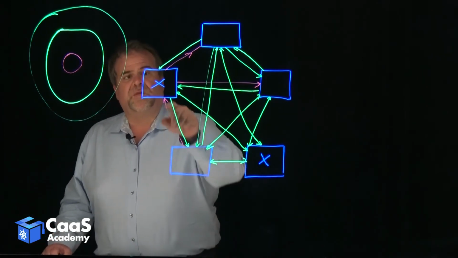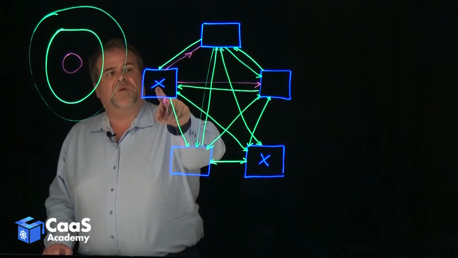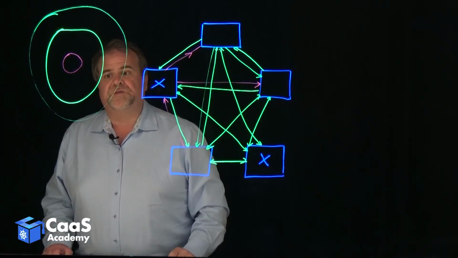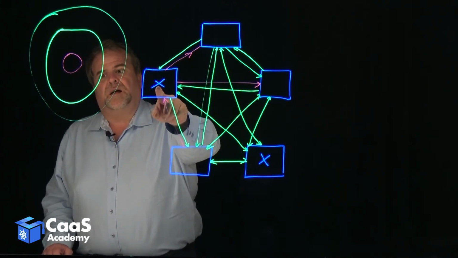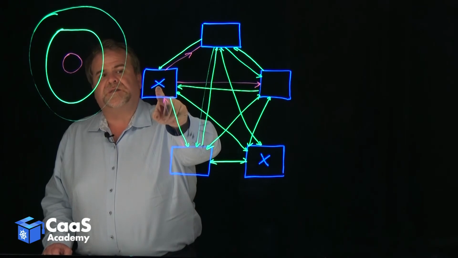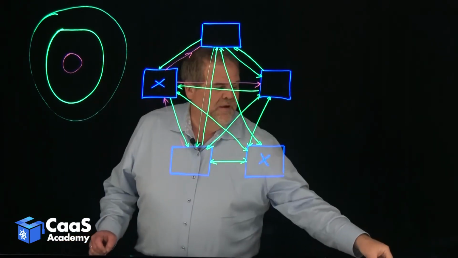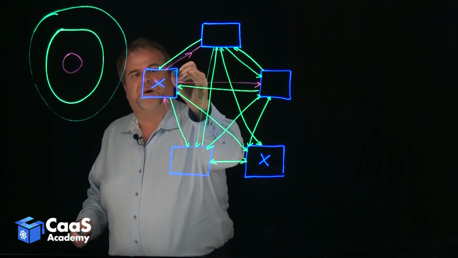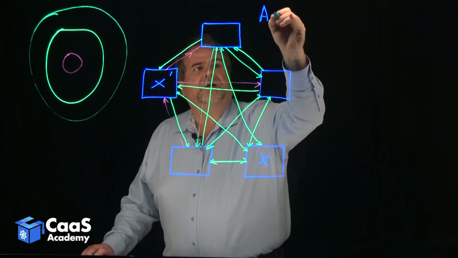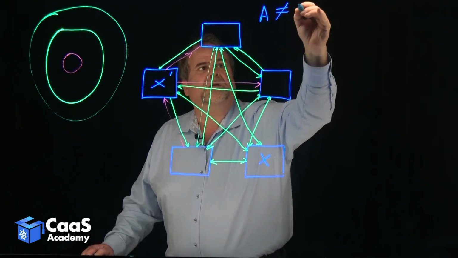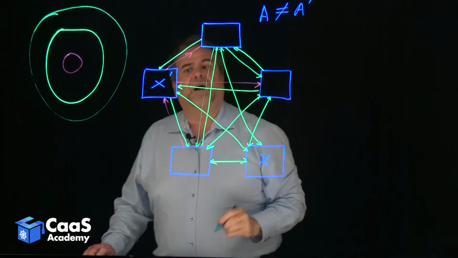So if I have a firewall that says this thing should only allow red flows here, and that's tied to this IP address, then I life cycle this, and this goes away, and I now have a version prime of this pod. Guess what? Address is not equal address prime.